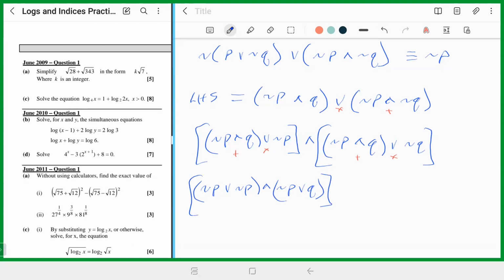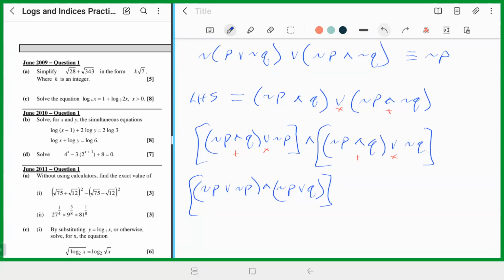But not P or not P is just what? Not P. P or P is P, so not P or not P is not P. True or true is true. False or false is false. So this or this is whatever that is.